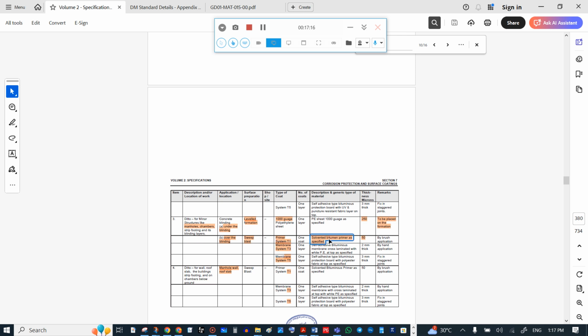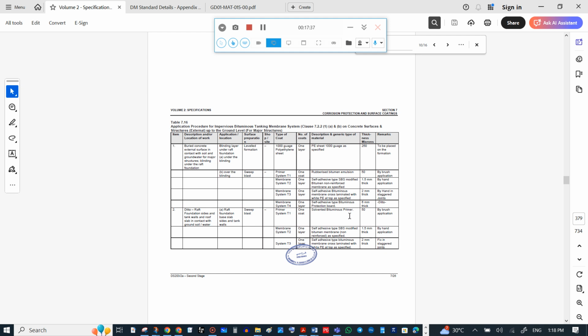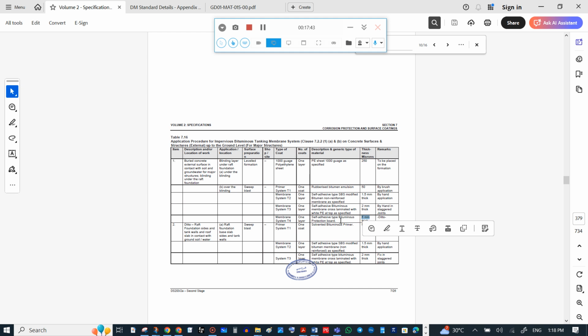Then T3, self-adhesive membrane cross-laminated with a white PE sheet at the top. Then the protection board, 6 mm. Here in the infra project we have put this bituminous protection board 6 mm thick and 2.1 mm self-adhesive cross-laminated PE sheet.